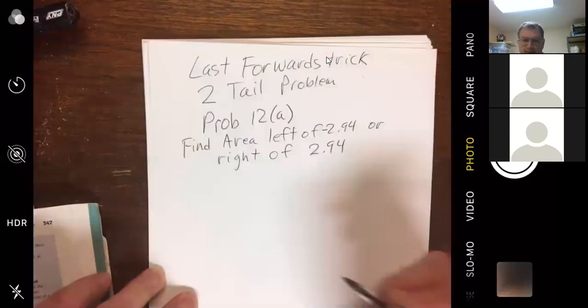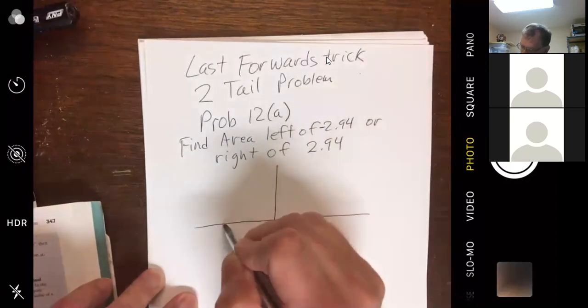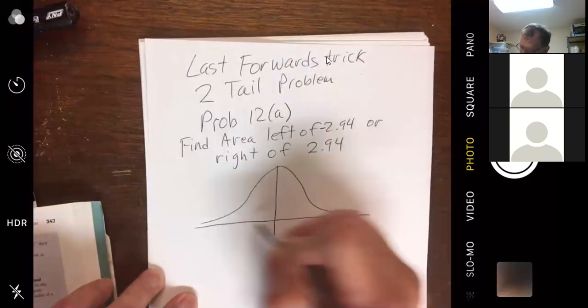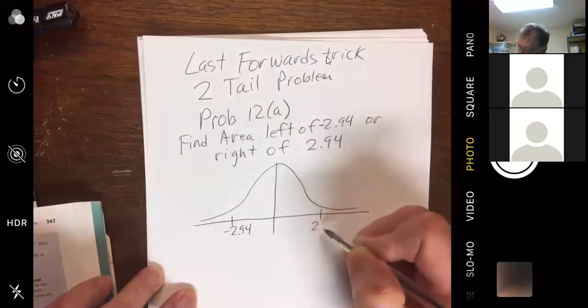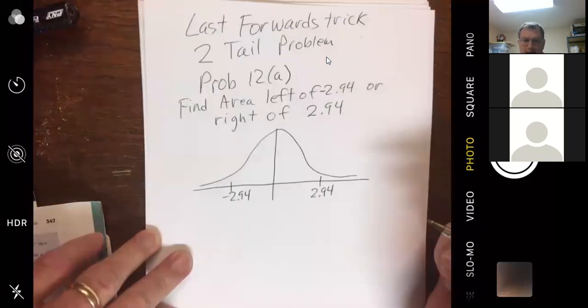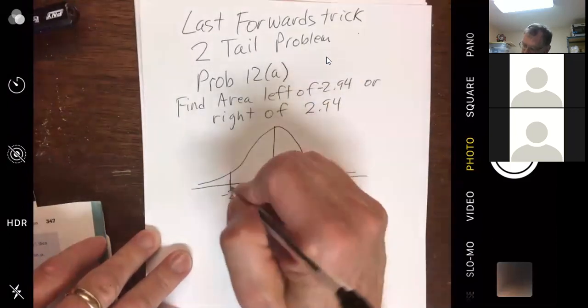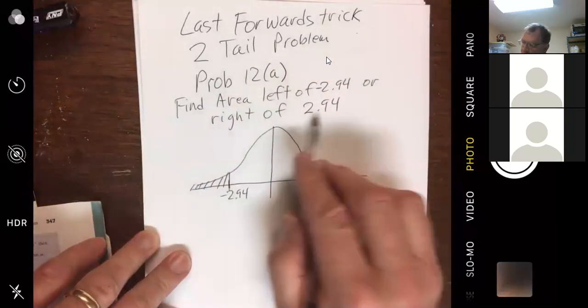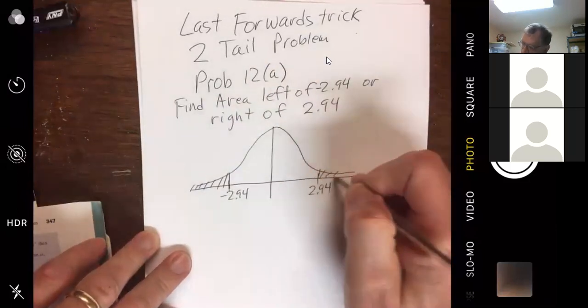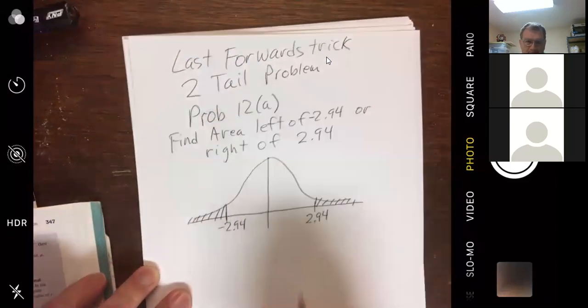All right, so we draw our picture. Negative 2.94 is on the left side, positive is on the right side. It says go left of that, that would be this. Right of positive 2.94 would be this. You see where I get the name two-tail problem?